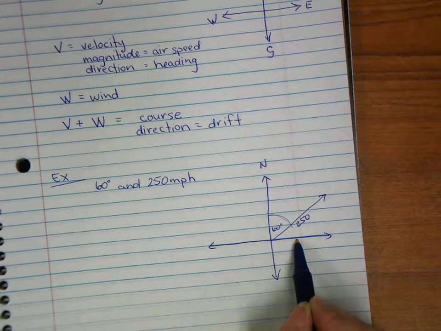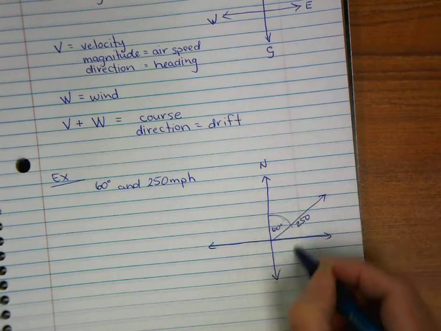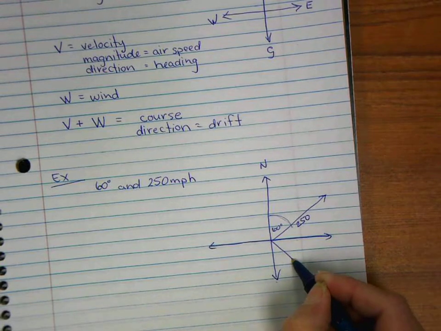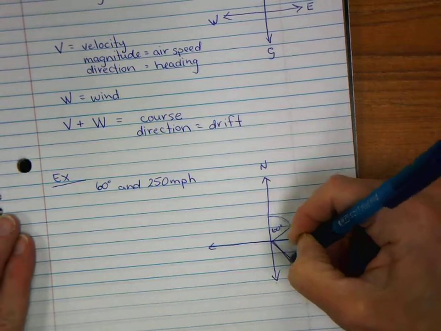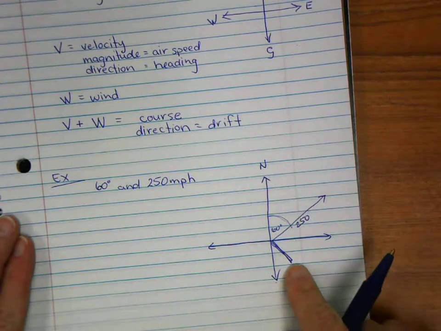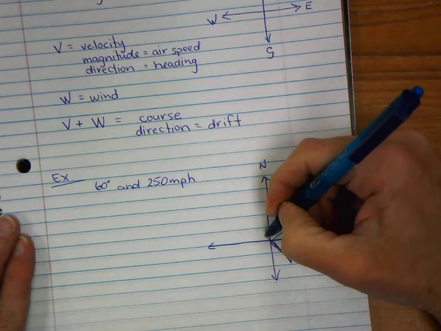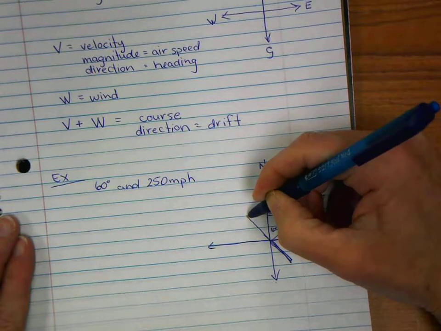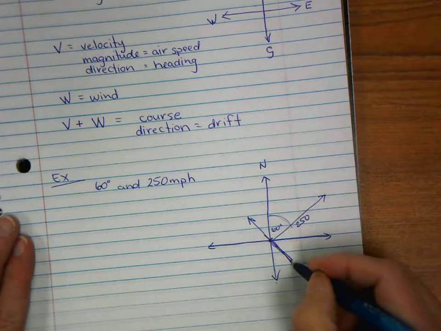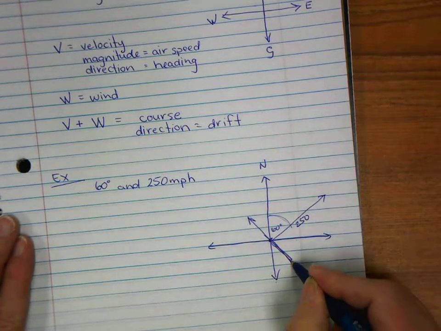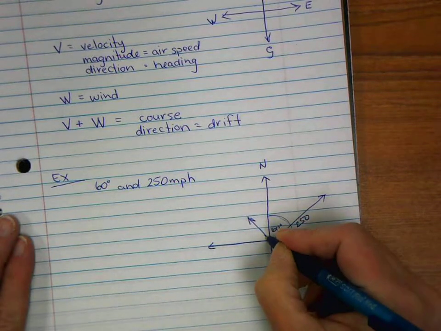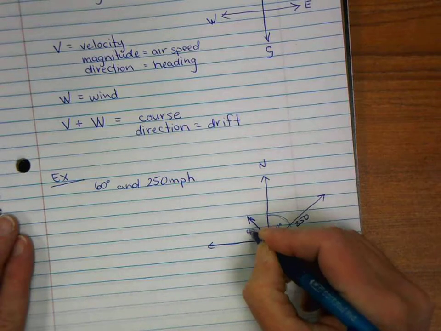There's 90 from north, this would be 180. So here's our 150 down here. It's coming from this direction, which means that it's also working this way. So this wind is coming from the 150 degrees at 40 miles per hour.